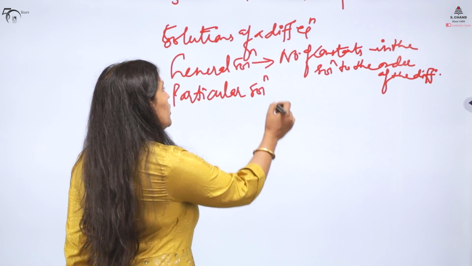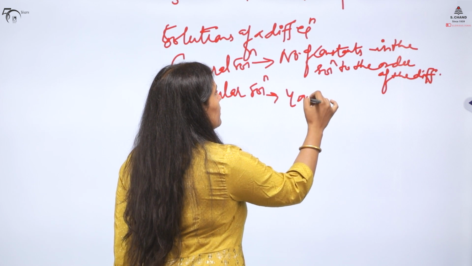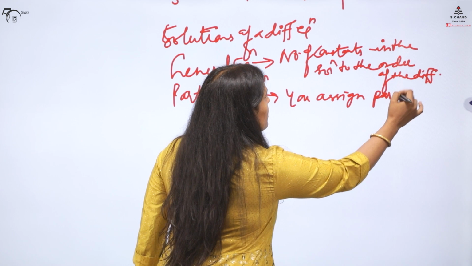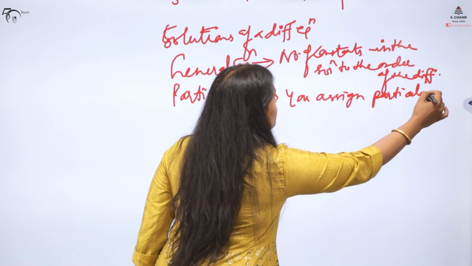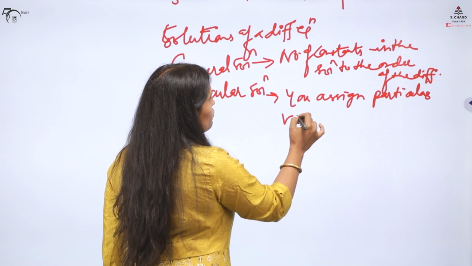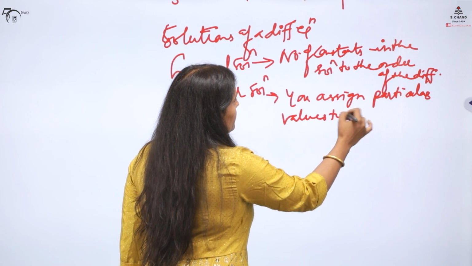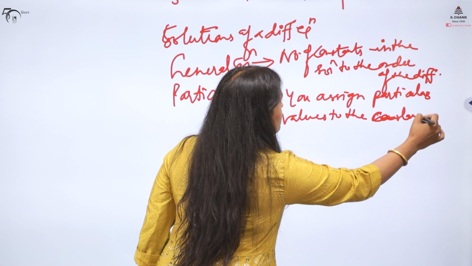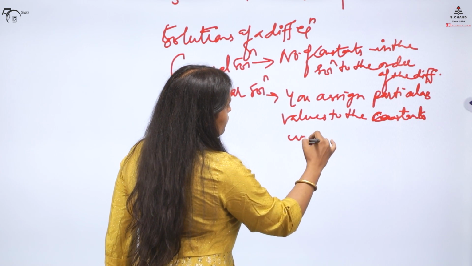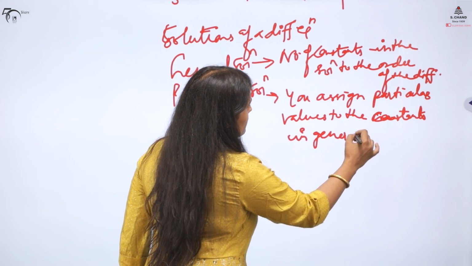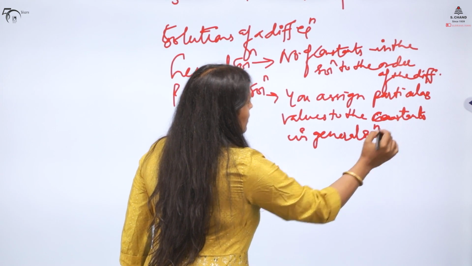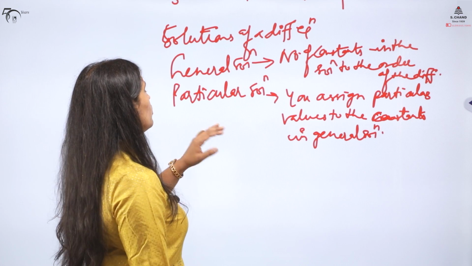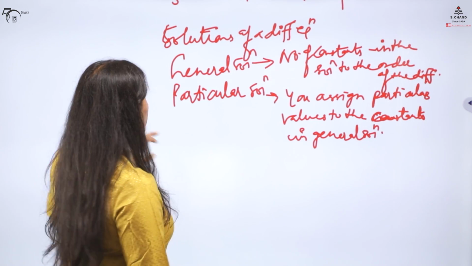In a particular solution, you assign some particular values, according to the question, to the constants in the general solution. So, these are the 2 types of solutions. There are other ways also, but for your course this is required.